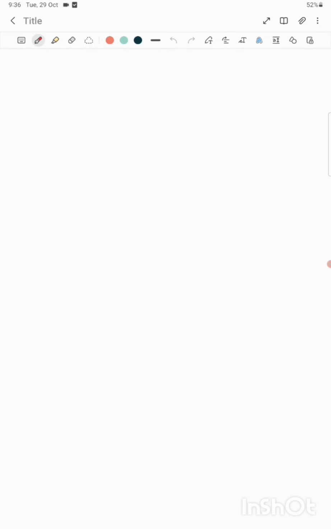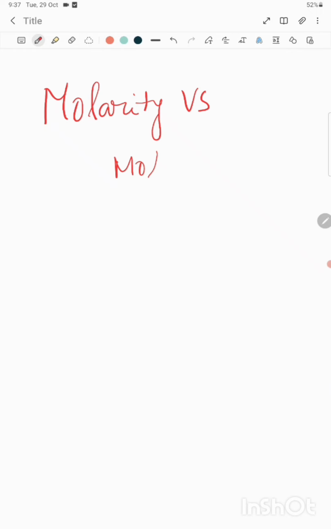Today, I will discuss one very important and tricky concept of chemistry. It will be helpful for both class 11 and class 12 students. That is molarity versus molality.